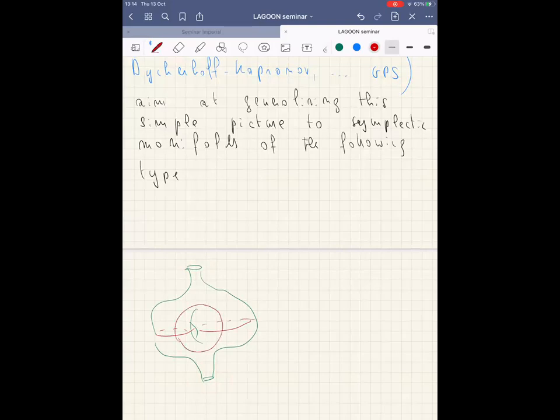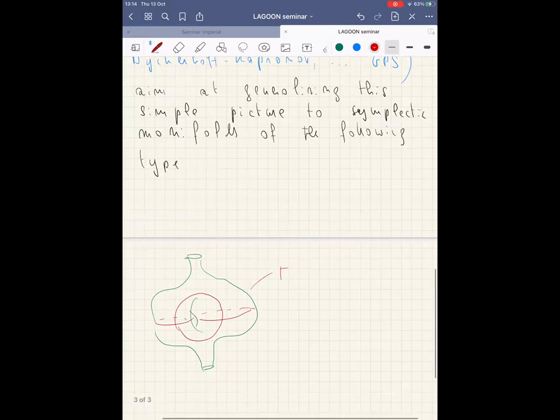And here I'm drawing what is called a skeleton. So this is this sigma. Sigma is an exact symplectic manifold. Exact means that we can write the symplectic form omega as d theta, where theta is a one-form. Cotangent bundles are the prototype of exact symplectic manifolds.